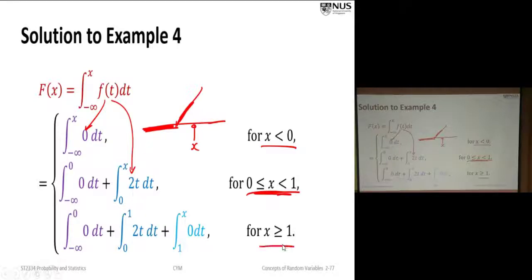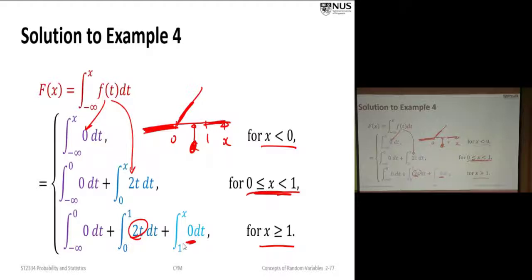And when x is bigger than 1, then I have to separate the region into 3 parts. So now, if x is here, I divide it into from minus infinity to 0, then from 0 to 1, where f(t) equals 2t. Beyond 1, the density is 0 again.